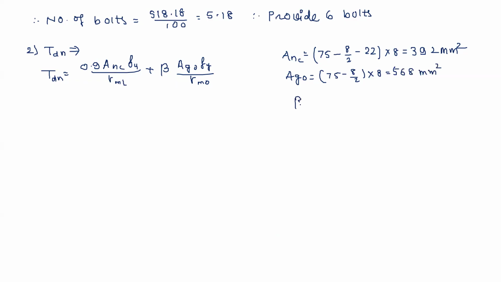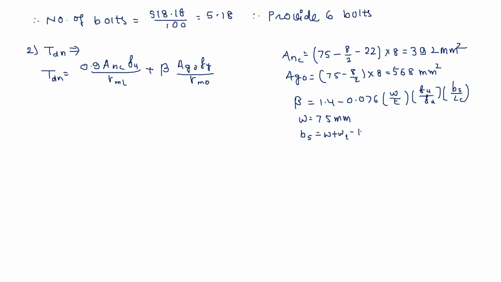Now for beta, we have 1.4 minus 0.076 w by t, fu upon fy, bs upon Lc. In this we have w 75, fu and t we know, bs equal to w plus wt minus t.